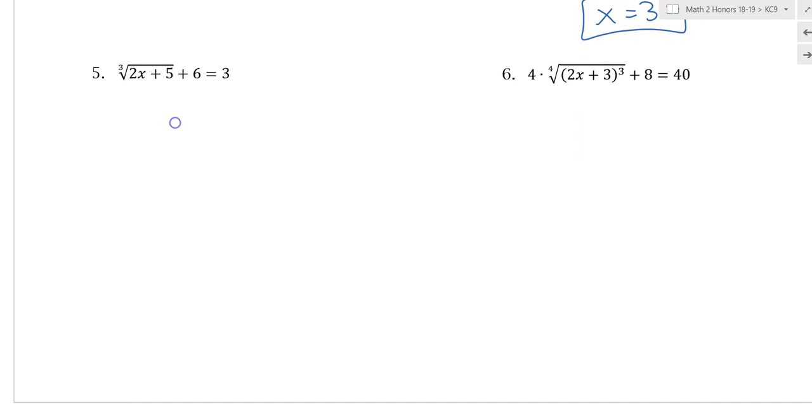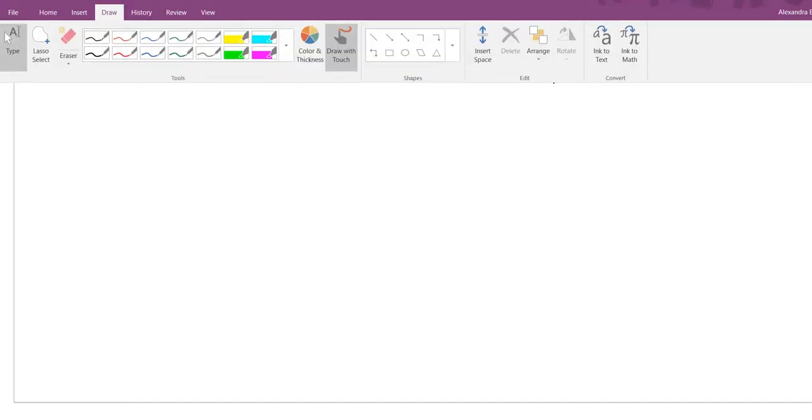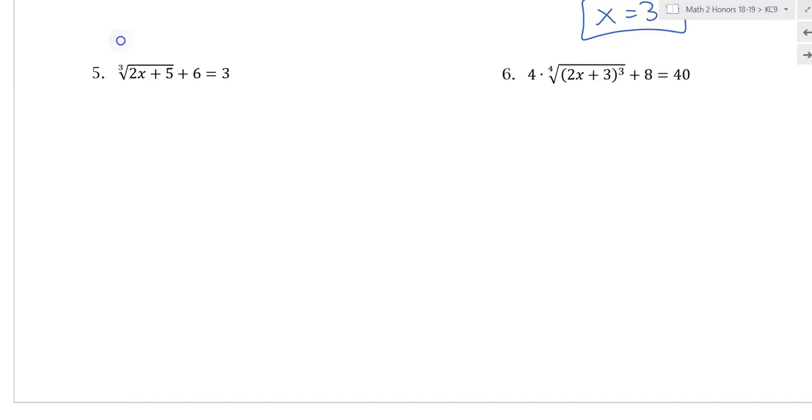Alright, number 5, the cube root of 2x plus 5 plus 6. So this is what's my exponent or my radical. So that's the cube root of. Now I want to switch it.